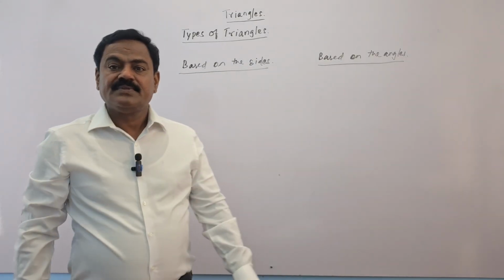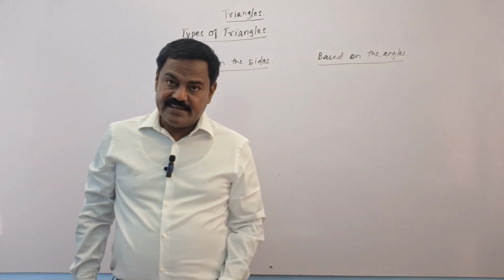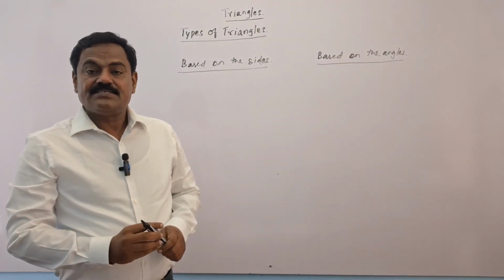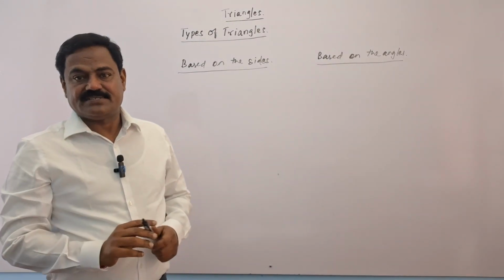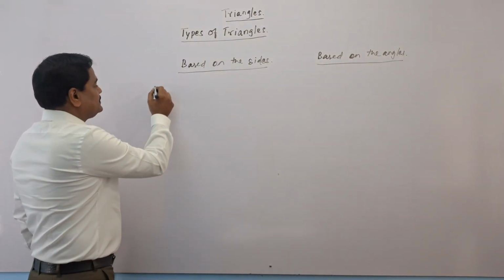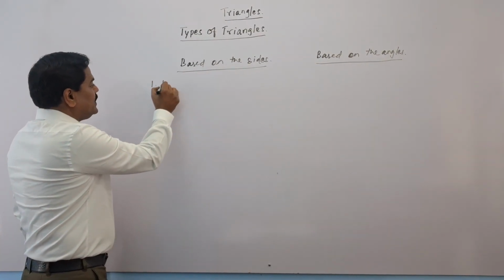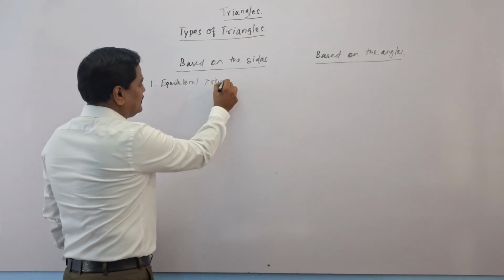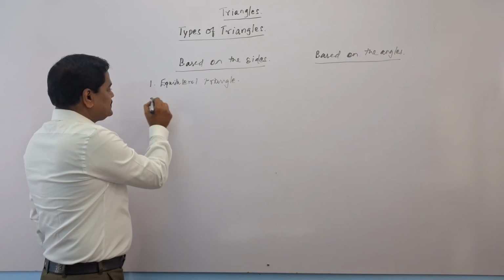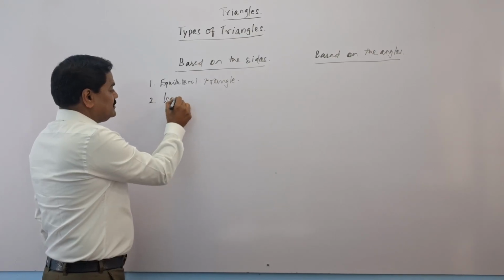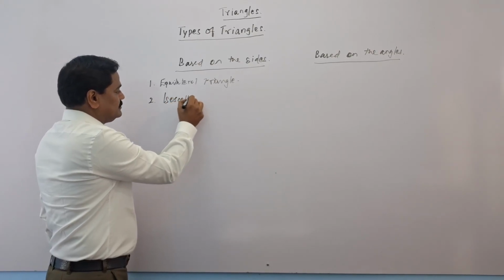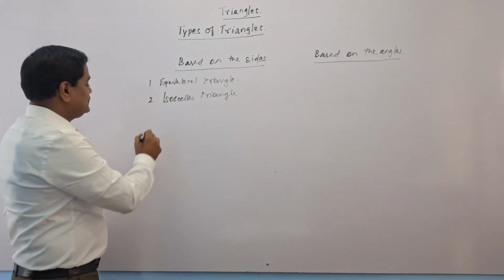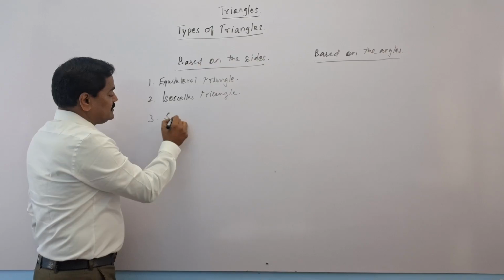So based on the sides, we can classify triangles into three types. One is the equilateral triangle. The second one is the isosceles triangle. The third category is the scalene triangle.